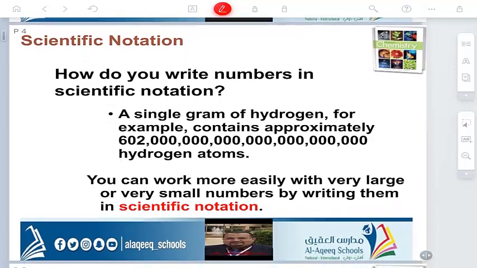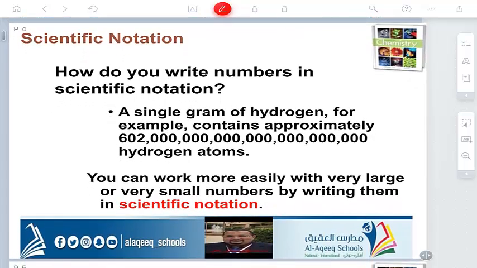Second, what method can we use to represent numbers? In science in general, we have very large numbers or very small numbers. To represent the numbers, you can use something called scientific notation. What is scientific notation? Look at this number.